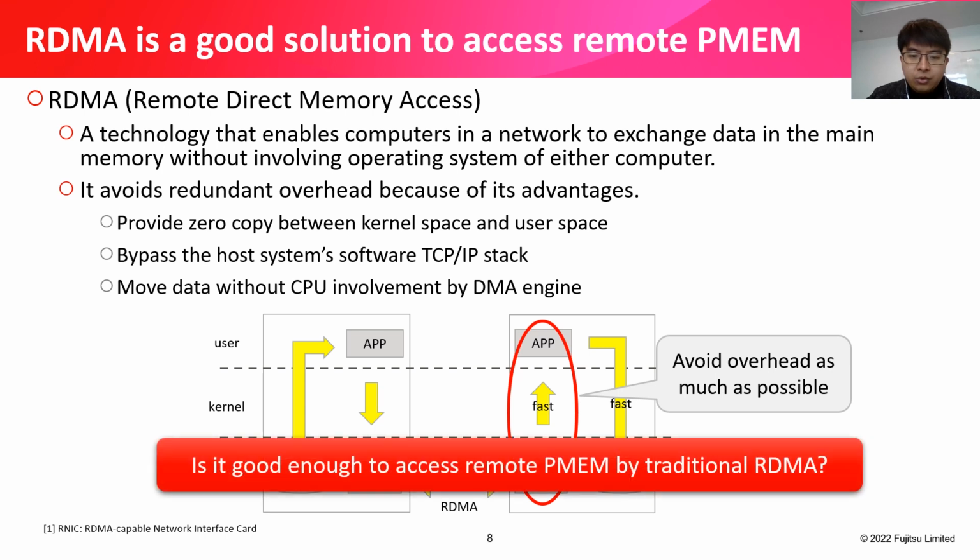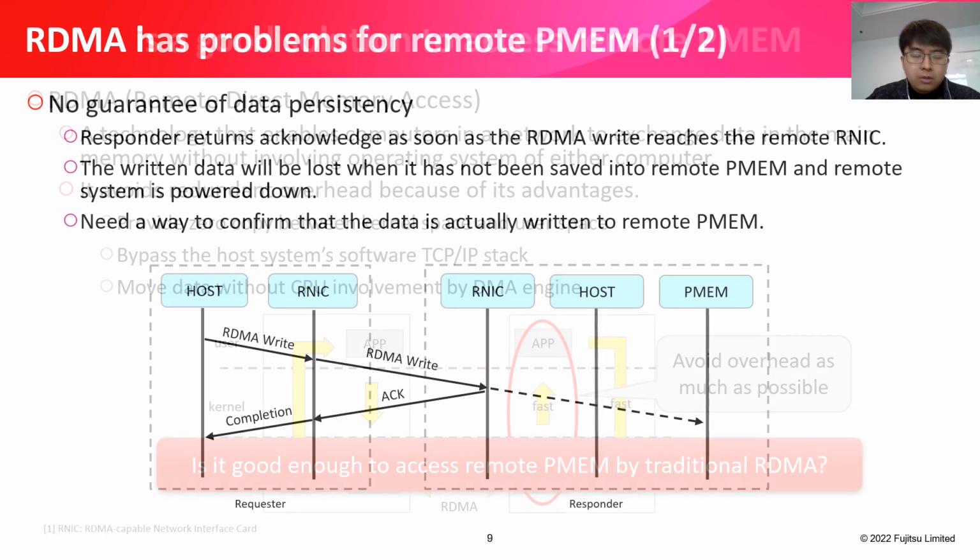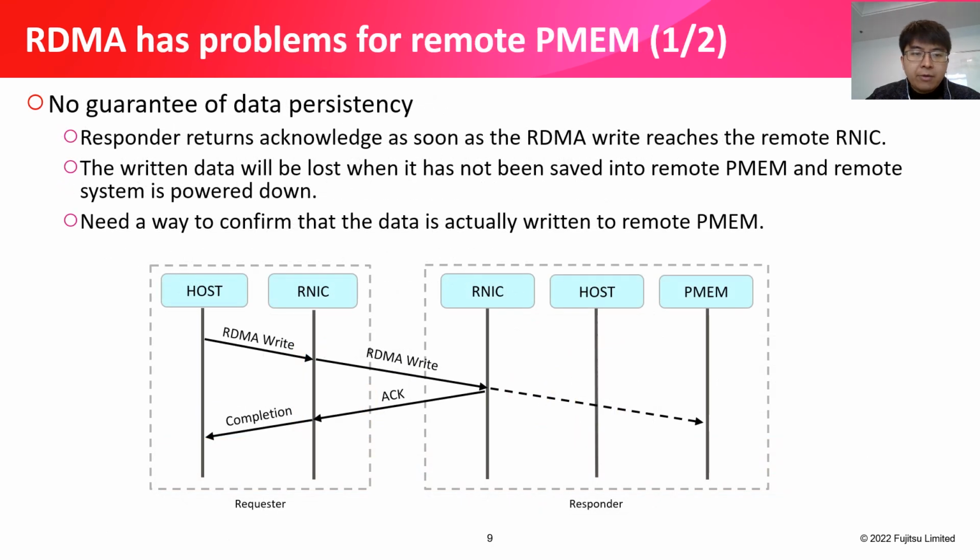Is it good enough to access remote PMEM by traditional RDMA? Not really. RDMA has 2 problems for accessing remote PMEM. The first problem is no guarantee of data persistency. Look at this figure.